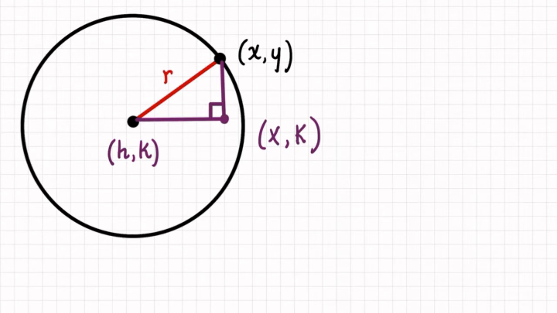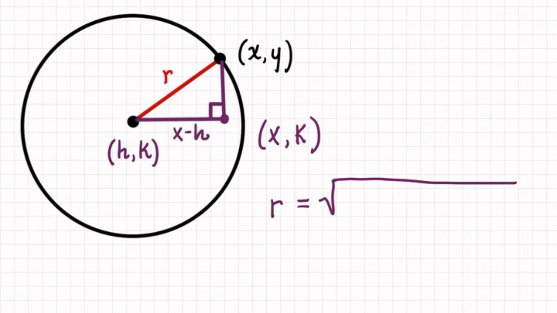We can now use the distance formula to derive the circle equation. We would like to collect all the points that are that r distance away. So we know that we're going for r, and that should be equal to the square root of what would normally be a and b. Well, in this case, our horizontal distance is going to be x minus h, just like we did on the previous slide.